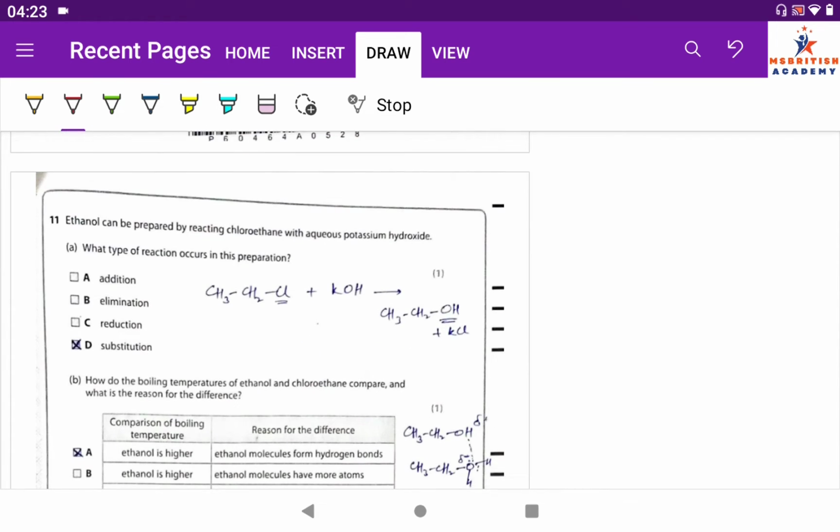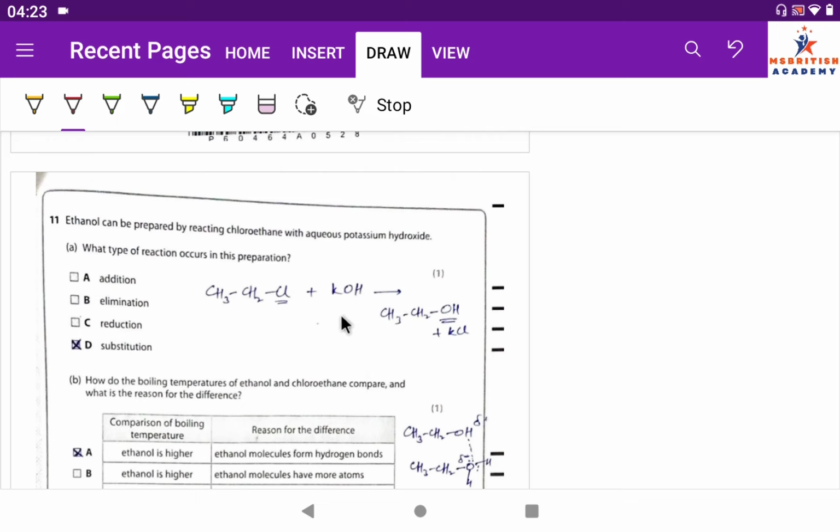Now question number 11. Ethanol can be prepared by reacting chloroethane with aqueous sodium hydroxide. This is chloroethane. This is aqueous hydroxide. When these react, what type of reaction occurs in this preparation?